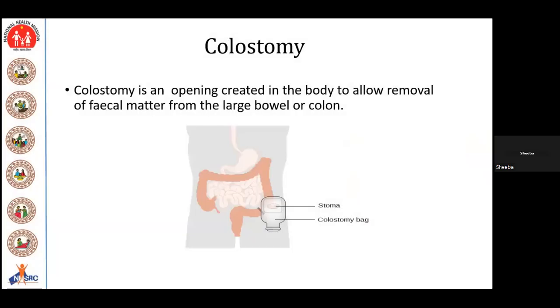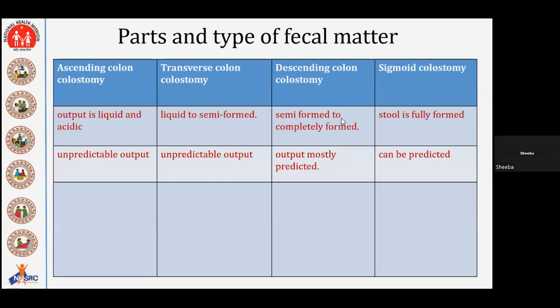So coming to the colostomy, a colostomy is an opening created in the body to allow the fecal matter out. Whenever our bowel is moved, the fecal matter comes out and will be collected with the help of a colostomy bag.